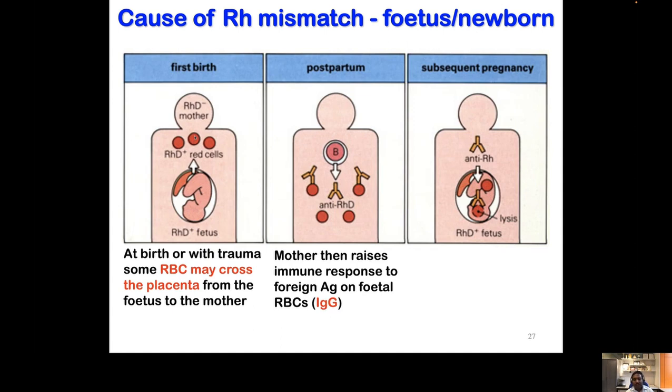So what will happen after that? If we are not doing any action, if we are not giving any specific treatment, the mother's immune system will raise antibodies against the Rh antigen which came from the child. So basically IgG will be produced. Most importantly, as part of the immune response, particularly the IgG response, there will be memory cells.